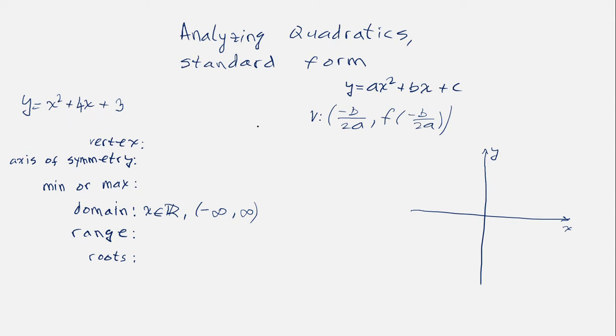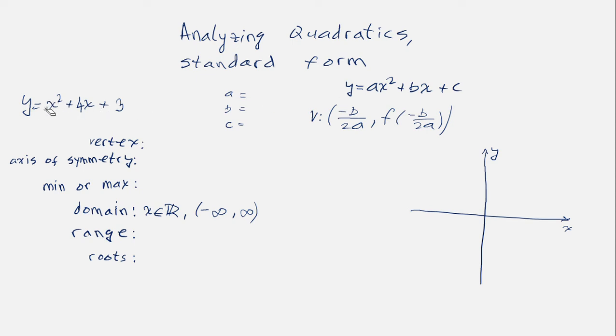Now, to calculate the vertex in our case, it's a good idea to first get our a, b, and c. So our coefficients, right? A, b, and c. For this problem, we actually don't even need c, but let's just find it anyways. So a is the coefficient in front of x squared.